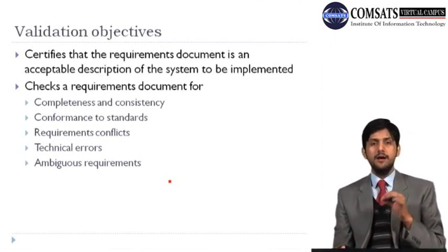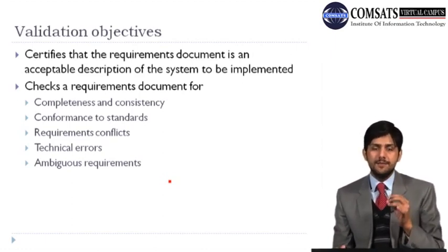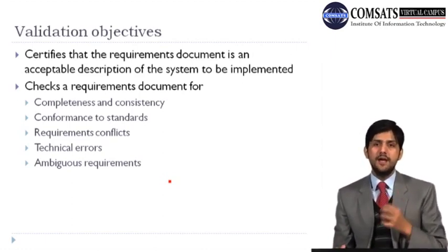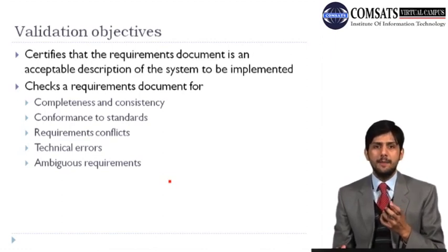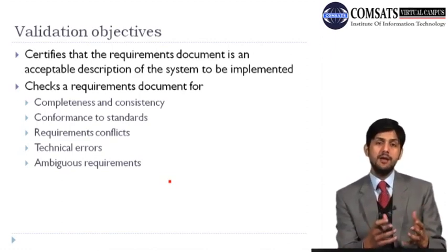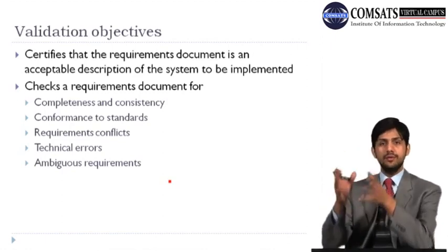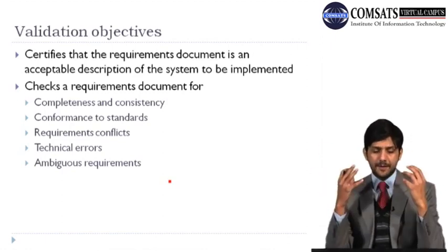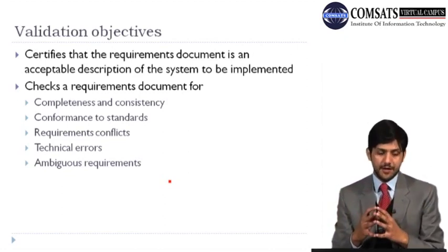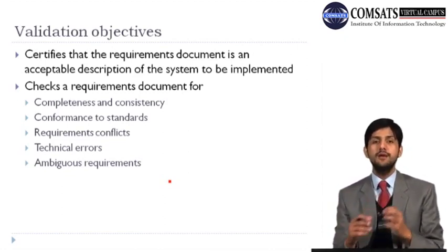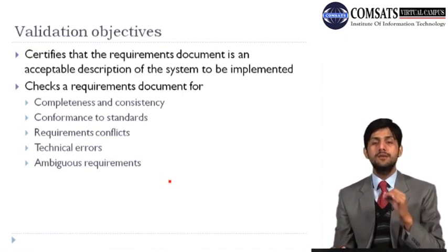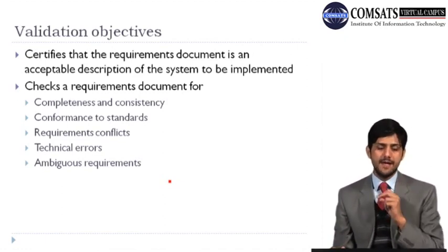And then whether there are any technical errors in the requirements, something you have mentioned which is not right. For example, a formula that you have mentioned which applies to a certain application domain, and when you present those requirements to the clients or the stakeholders, they identify, no, this is something seriously wrong. So that is another purpose of this validation process. Then finally, we also try to list if there are any ambiguous requirements still left in the SRS.